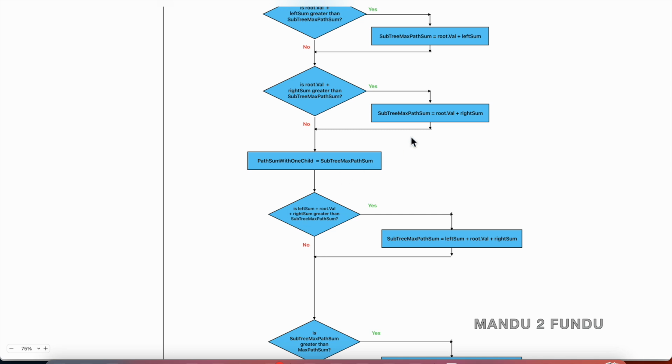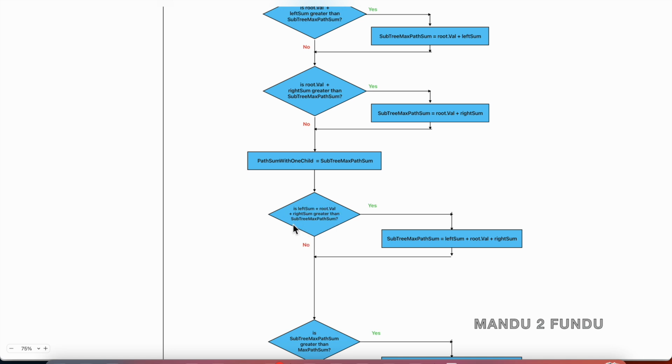If we include both the left and right subtrees' path sum, that means we are including both the nodes in one end. So that is not a valid path. So we include only one of the children's path sum along with the root node. So that's why we assign that value in the path sum with one child and return back to the caller.